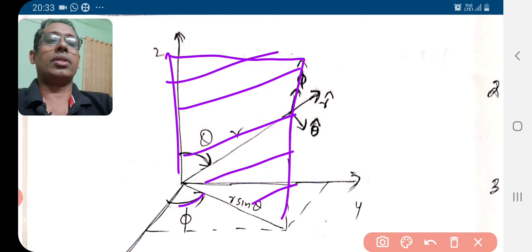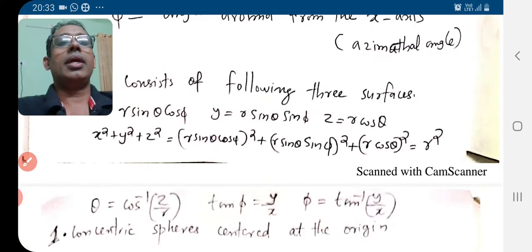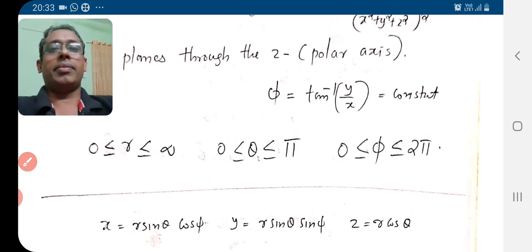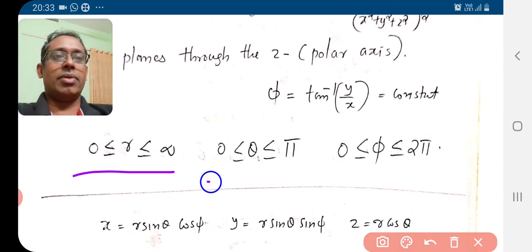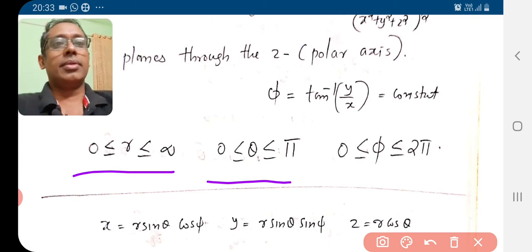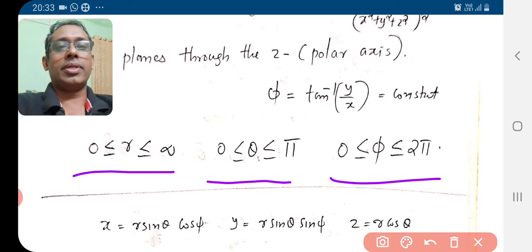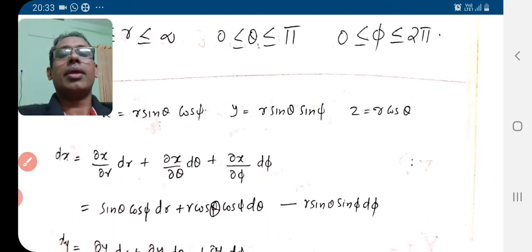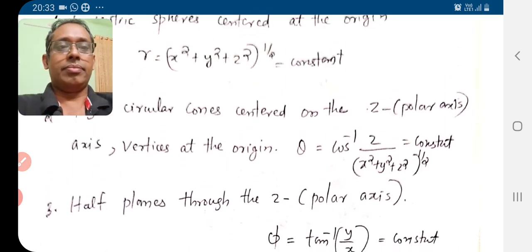Then r varies from 0 to infinity, theta varies from 0 to pi, and phi varies from 0 to 2 pi.